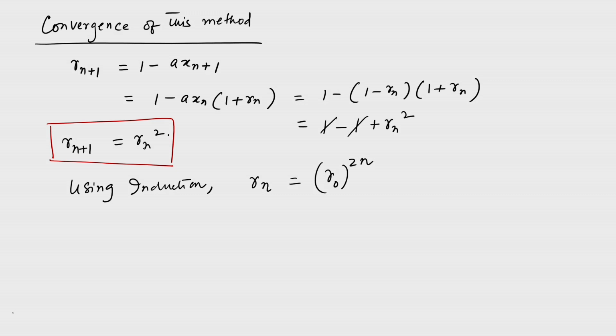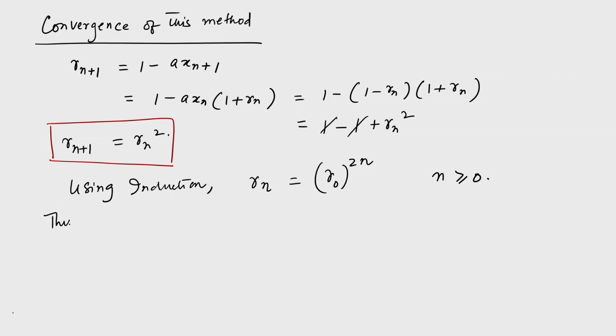If you put n equal to 0, I get r 1 as r 0 square, and then r 2 is r 1 square, and r 3 is r 2 square. So, you gather a square at every stage. At the nth stage you gather a factor of 2 to the n in the power, for n greater than or equal to 0.